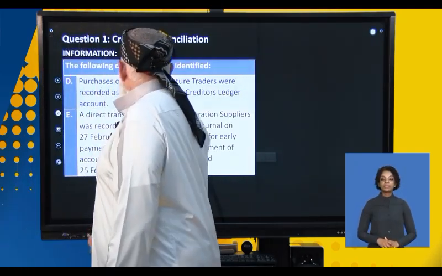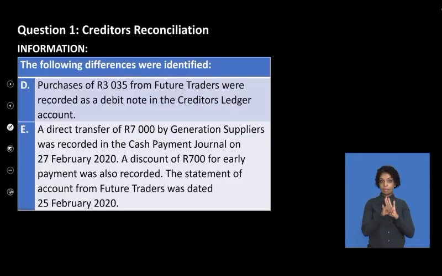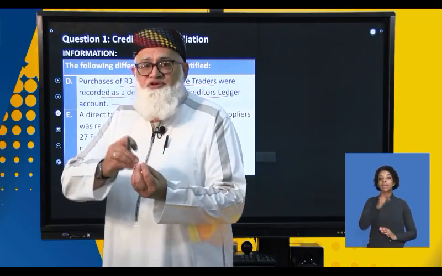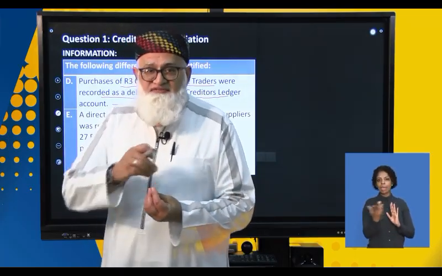The next difference that was identified was purchases of 3035 from Future Traders were recorded as a debit note in the creditors ledger account. Okay, understand the difference. You have to understand the difference in order to do the corrective measure.